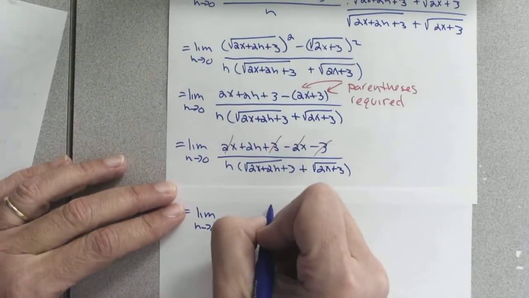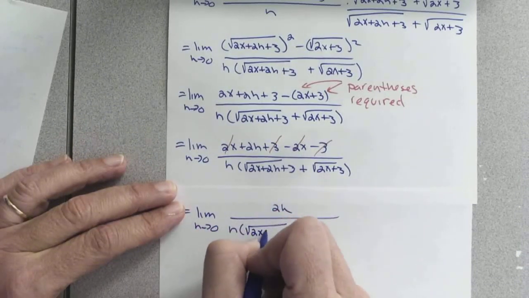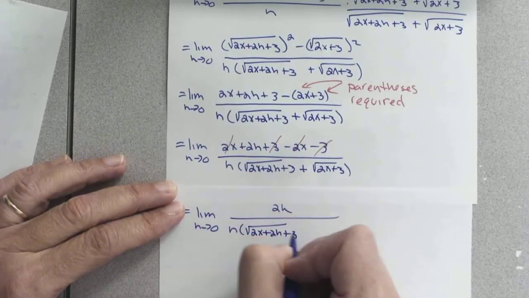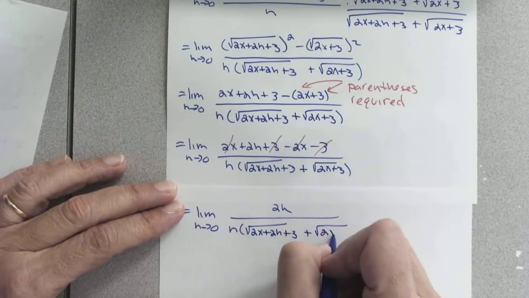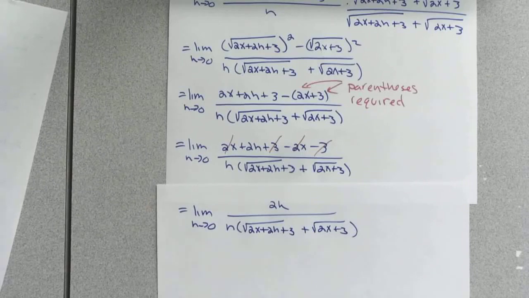And so we get the limit as h goes to 0 of 2h over h times all that stuff in the denominator. And there is my goal. I can cancel the h's. That is always your goal.